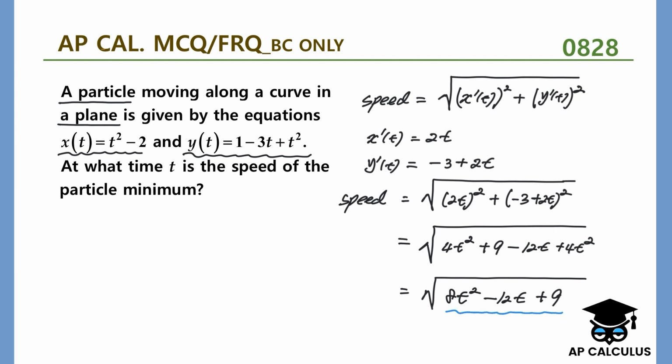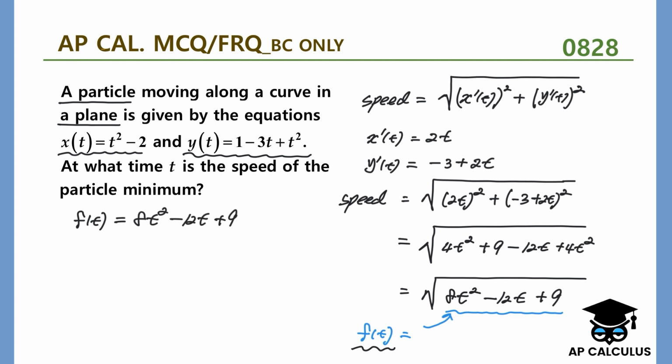So we're going to let this expression right here be equal to f of t, and I'm going to find the time t where this f of t is minimum. All right, so let f of t is equal to 8t squared minus 12t plus 9.